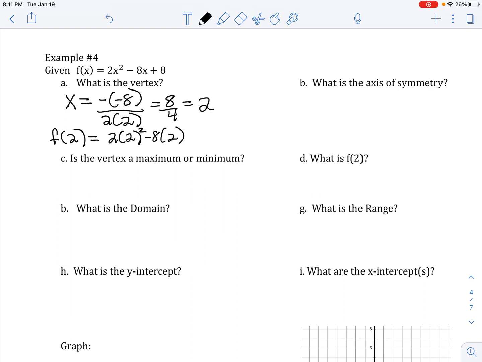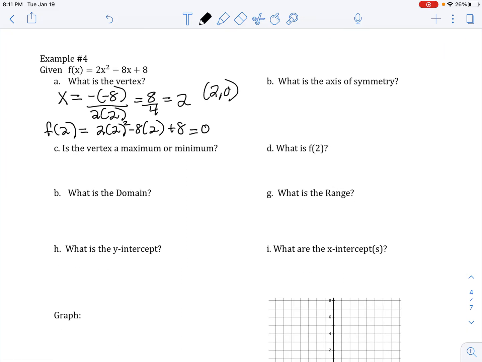It's going to be 2 times 2 squared minus 8 times 2 plus 8. So that's 4 times 2 is 8, minus 16 is a negative 8, plus 8 is 0. So did you get a vertex of 2, 0? I hope so.